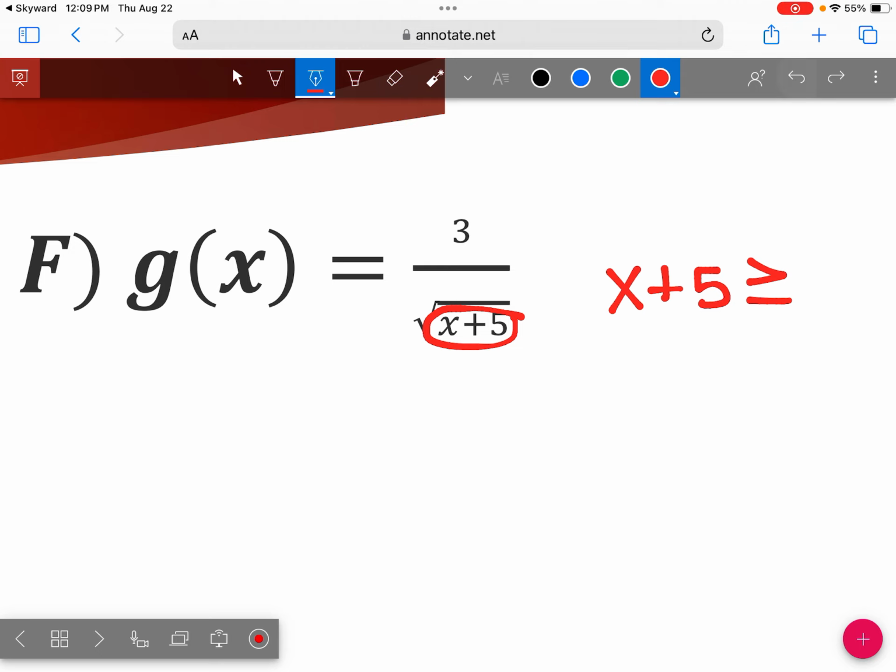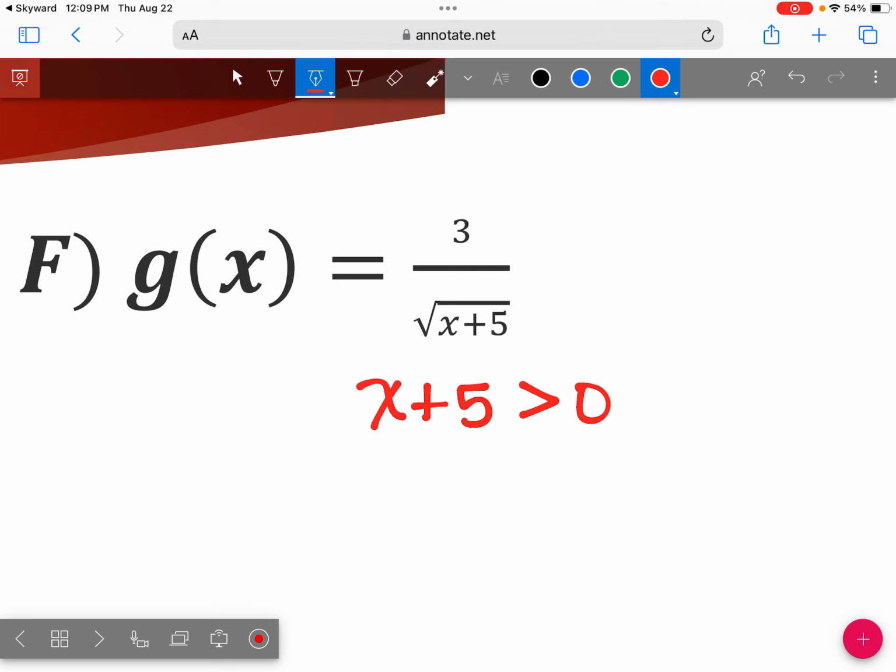So not only do we have an x in our denominator, we also have a square root. So we need to rewrite our inequality. So we're going to write x plus 5 has to be greater than 0. It can't even equal 0 this time. When you subtract the 5, x has to be greater than negative 5.